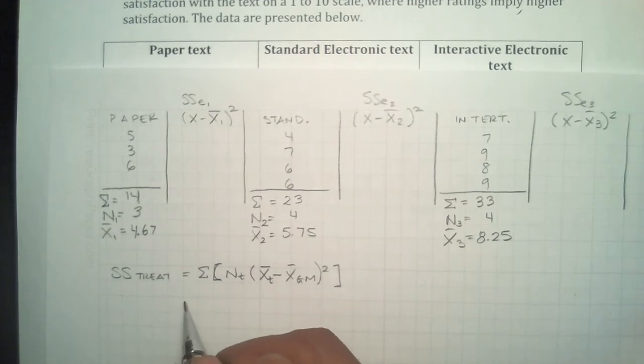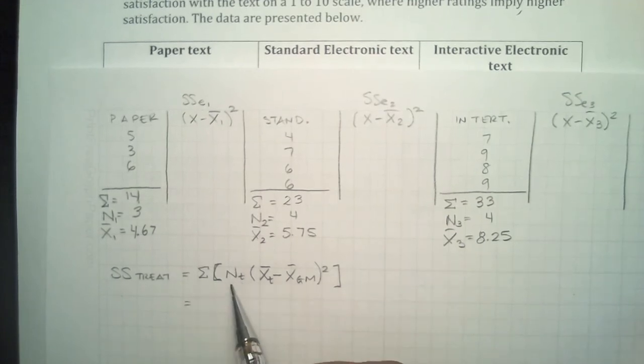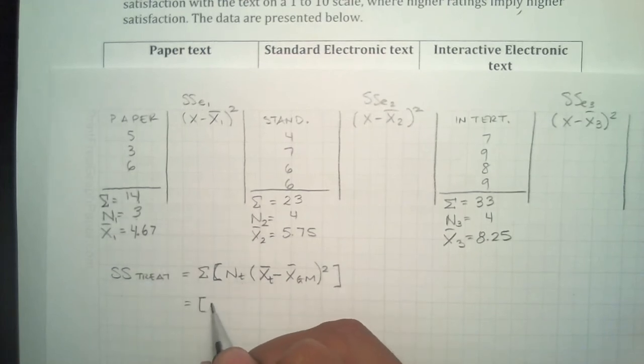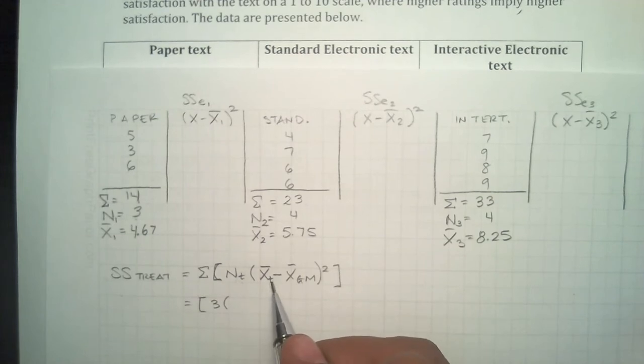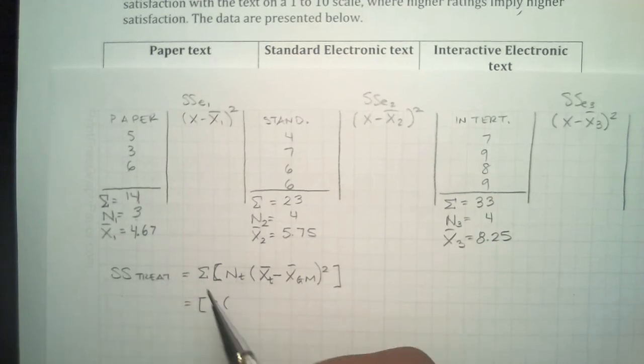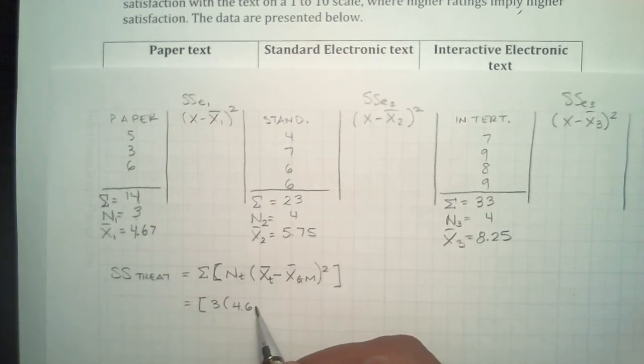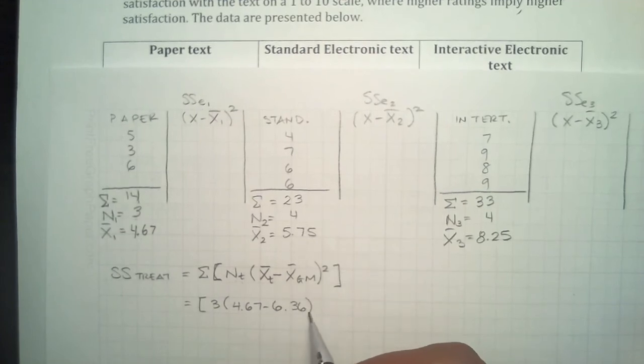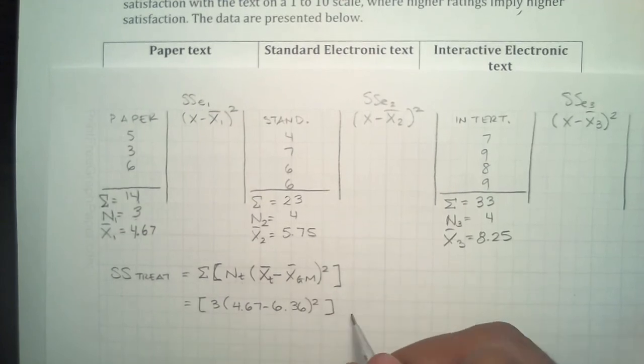The n sub t is just a placeholder, so we'll be changing that by the group number. That's actually pretty easy. We'll start off with the first group. N for the first group is 3. The mean of the first group is 4.67 minus the grand mean, which is 6.36. We're going to square that.